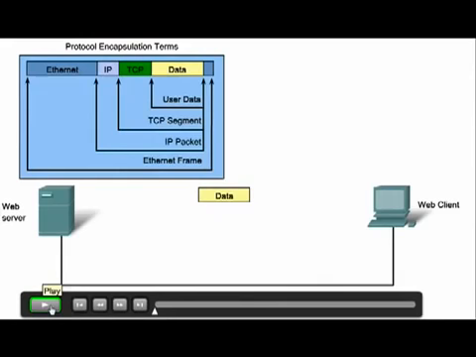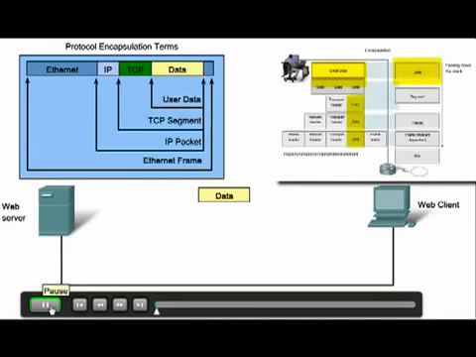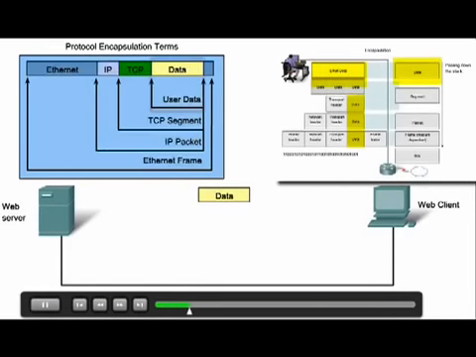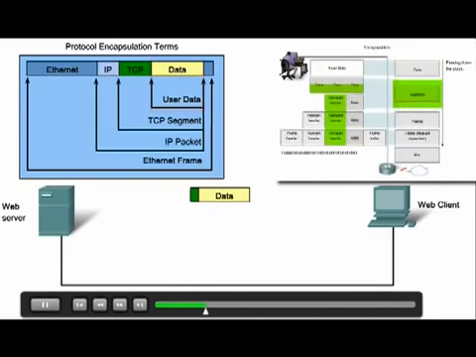When sending messages on a network, the protocol stack on a host operates from top to bottom. In this web server example, we can use the TCP/IP model to simulate the process of this web server sending a message to the web client. First, the application layer protocol, HTTP, begins the process by sending the data to the transport layer. Here, the application data is broken into TCP segments. Each TCP segment is given a label called a header containing information about which process running on the destination computer should receive the message.